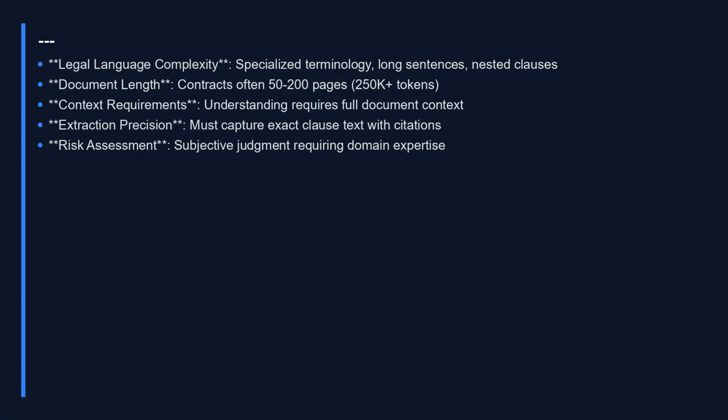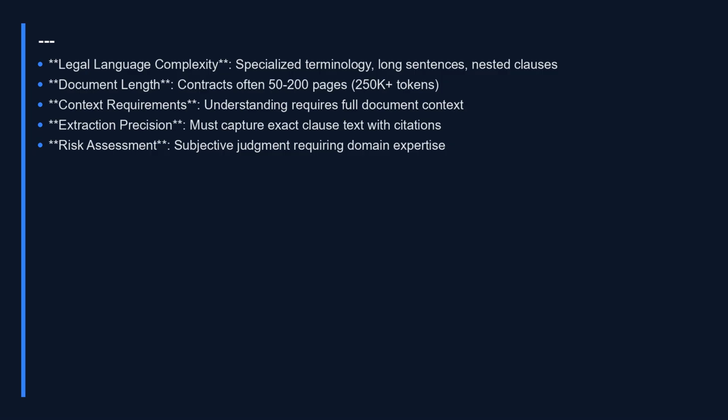5 technical challenges make legal documents genuinely hard for language models. First, legal language is its own dialect: specialized terminology, sentences that run for 200 words, clauses nested inside clauses. Second, contracts are long, often 50 to 200 pages, which translates to 250,000 tokens or more. Third, understanding any single clause often requires context from the entire document.